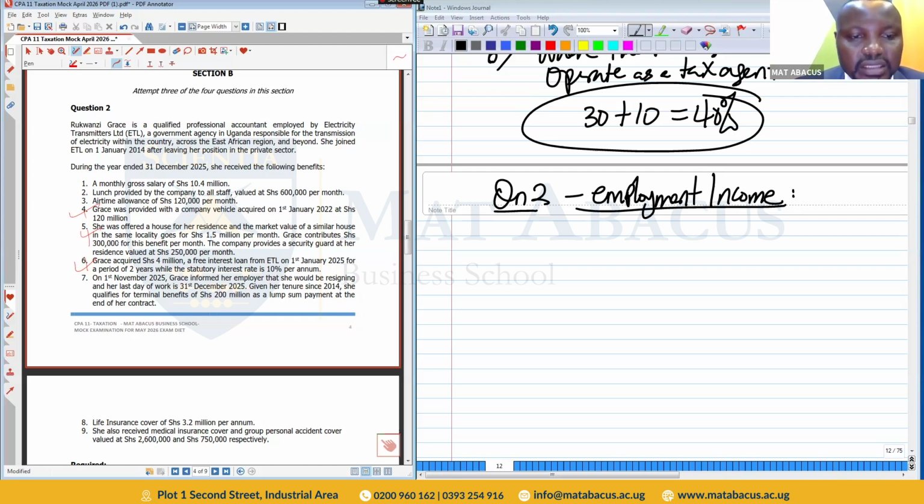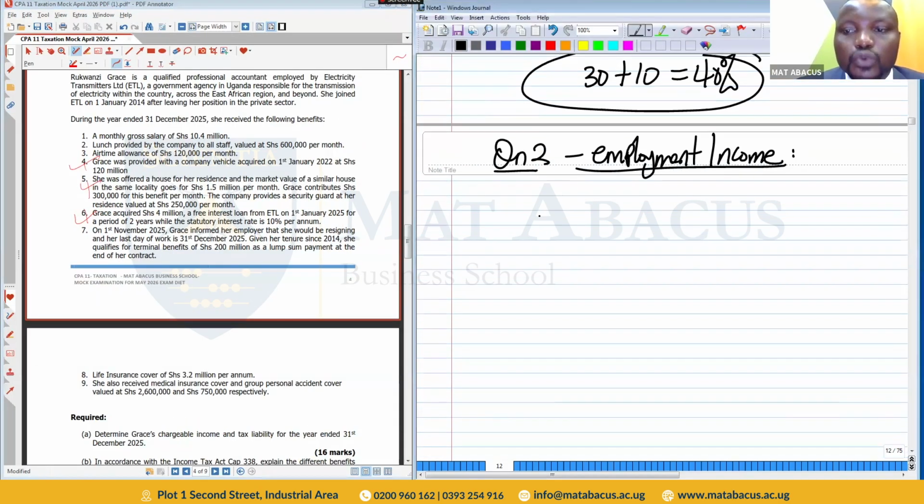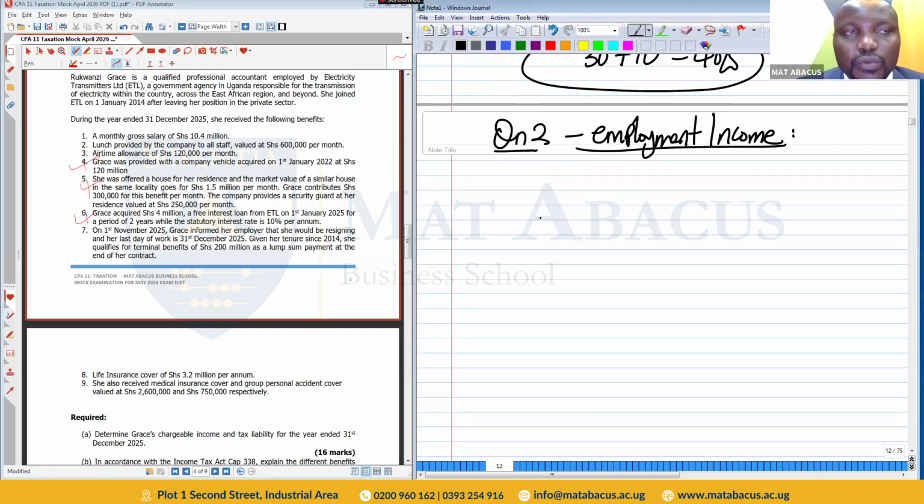That's what the examiner is testing, and wants you to provide appropriate advice to an employee who does not know how to compute such benefits, or to an employer who wants to declare this tax to URA.